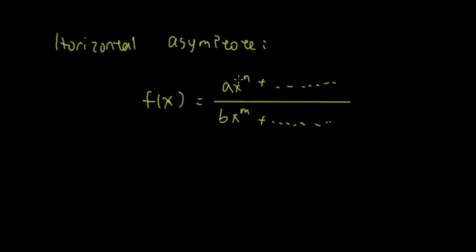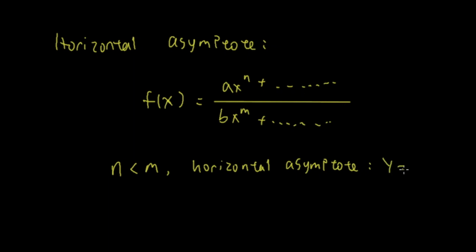N here is the highest degree of power in the numerator, and M here is the highest degree of power in the denominator. And we know that if N is less than M, the horizontal asymptote will be y equals 0.